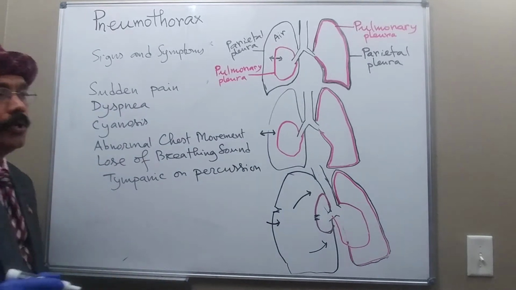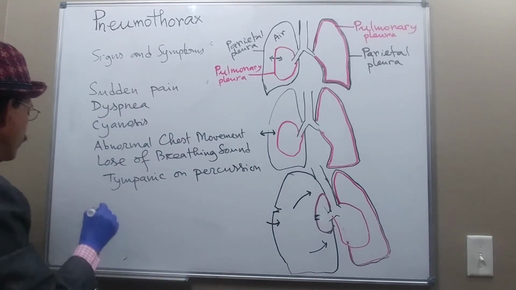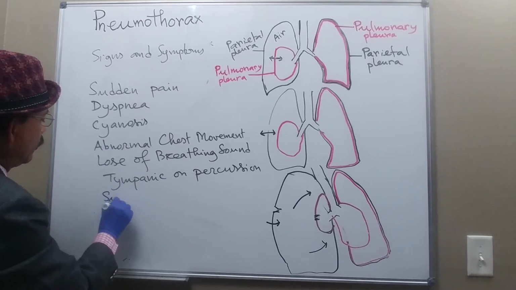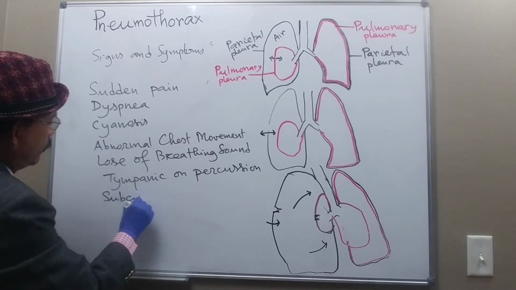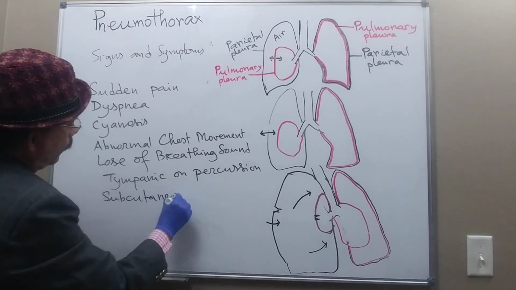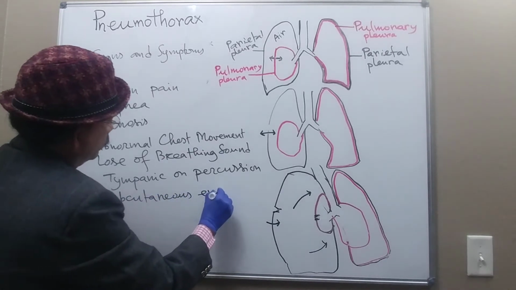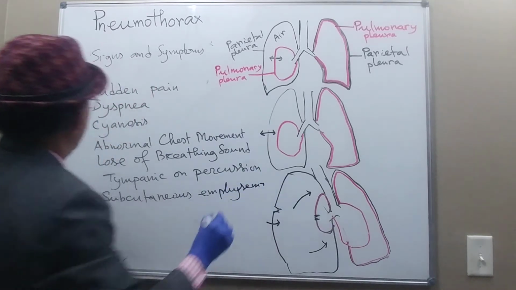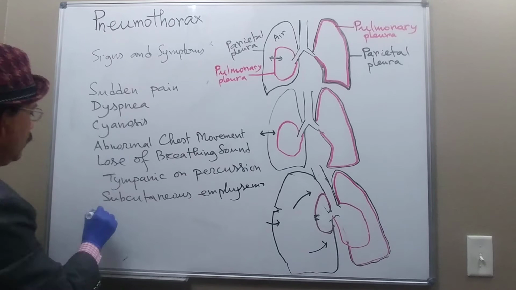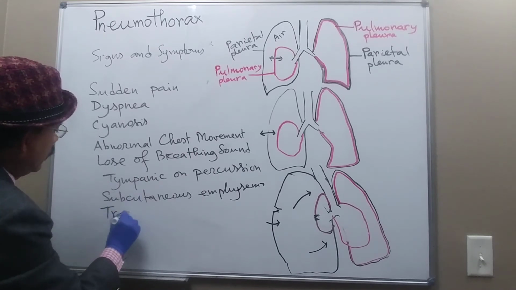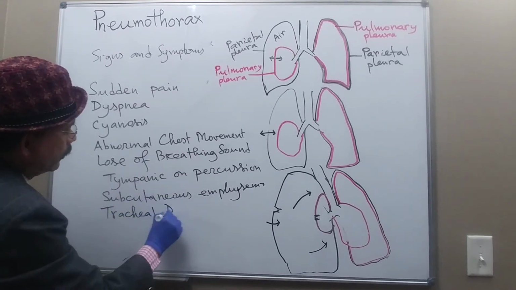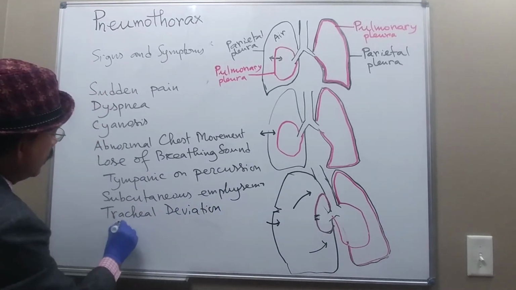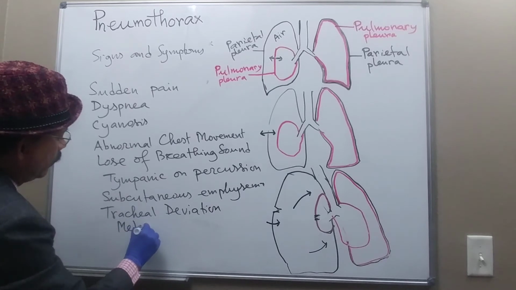There may be subcutaneous collection of air, so there will be subcutaneous emphysema, and we must know that there is tracheal deviation to the other side, and mediastinal deviation we'll get on X-ray.